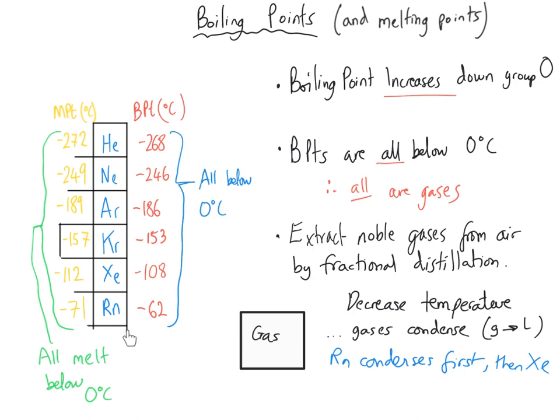And so what we would do, if we wanted to separate this mixture of 6 noble gases, we'd cool it, we'd collect the radon, we'd collect the xenon, then the krypton, etc. And we probably wouldn't bother to condense the helium. Once we'd got the temperature to minus 247, we know we've collected the liquid neon, and so the helium would be whatever has been left behind.